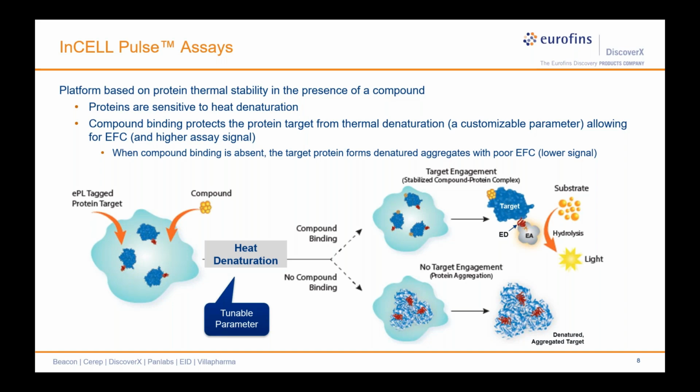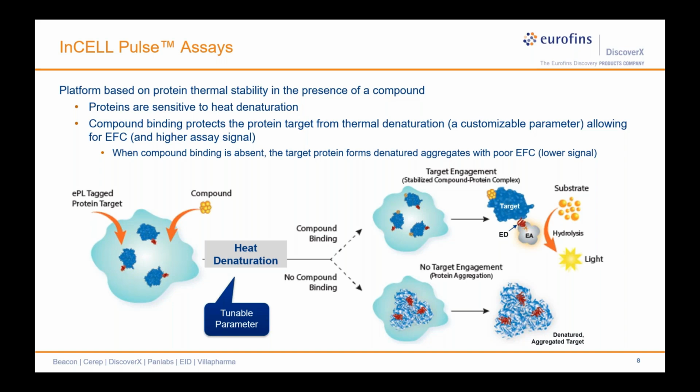In this detection technology, beta-galactosidase is split into two inactive fragments, a larger fragment called enzyme acceptor, and a smaller fragment called enzyme donor. In this case, the enzyme donor is a fusion tag to a target protein of interest. When these two inactive portions of beta-galactosidase recombine, they reconstitute the active enzyme, which is capable of hydrolyzing a lumigenic substrate, producing light, which can then be detected in a plate reader.